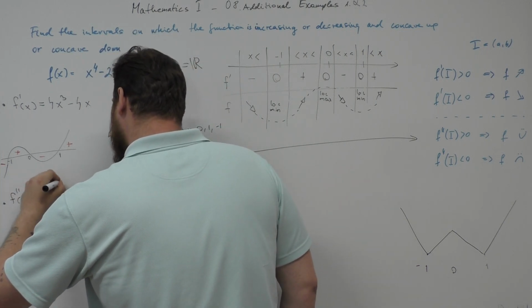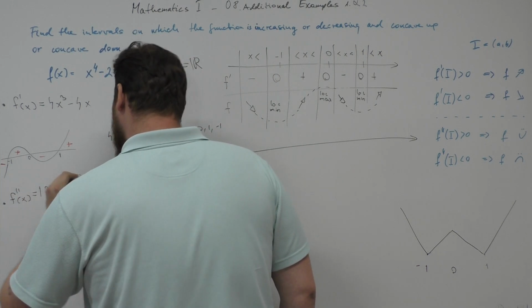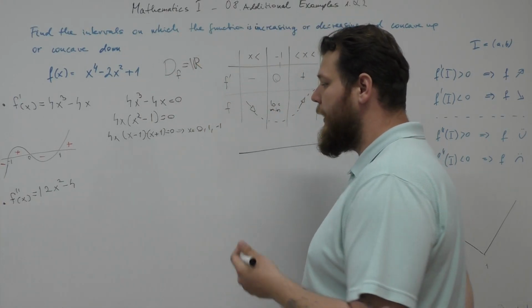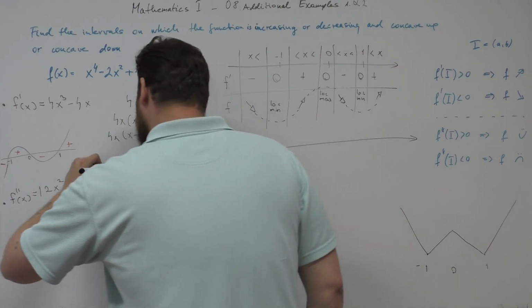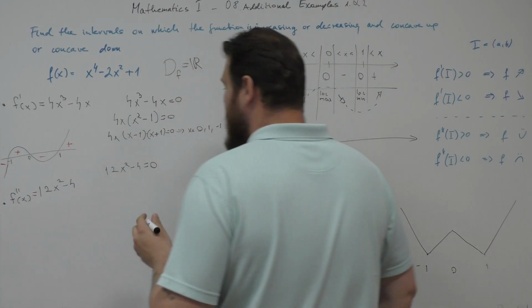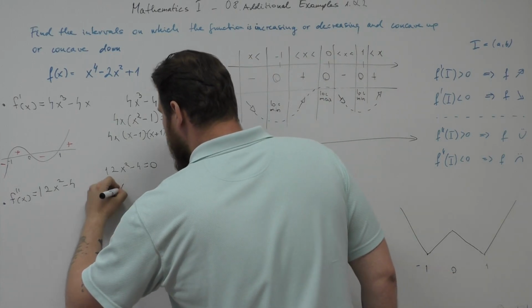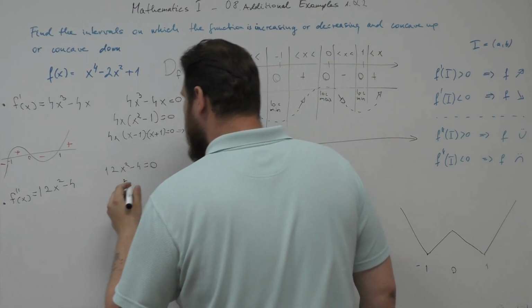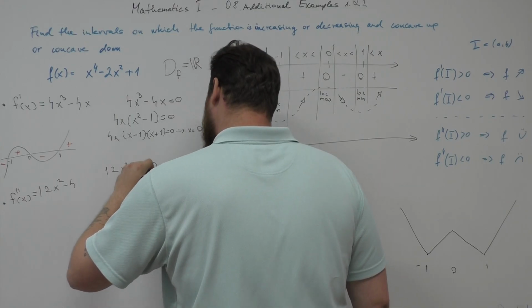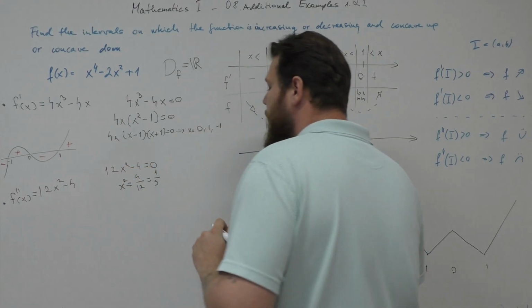12x squared minus 4. Now we have to find the zeros of the function. To do that, we have to solve this equation, where x squared is equal to 4 over 12, which is 1 over 3.